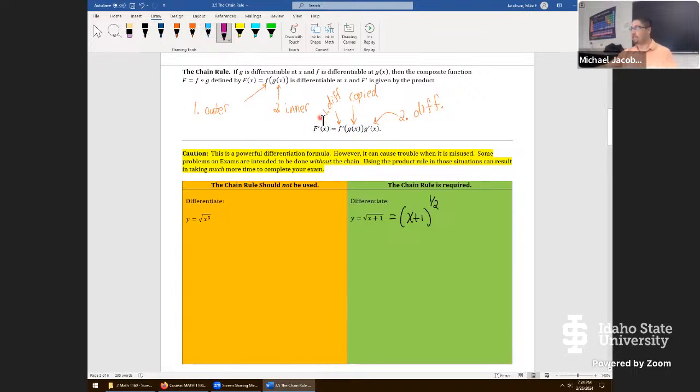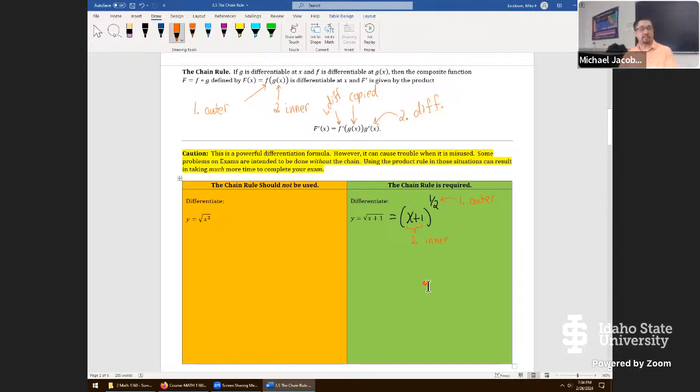It'll get all jumbled up. So good eye, we'll call this one here derivative 2, and that one is inner. That means this function, the power 1/2 function, this is the derivative we'll do first when we get the process started. And so we will call this one the outer function.